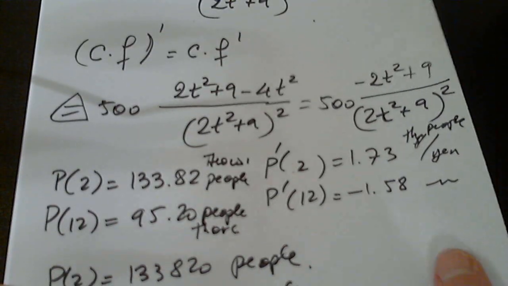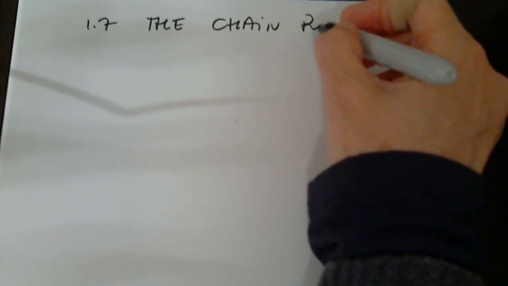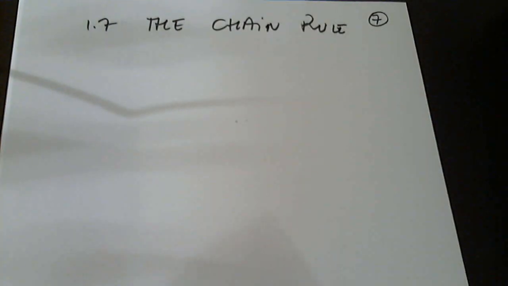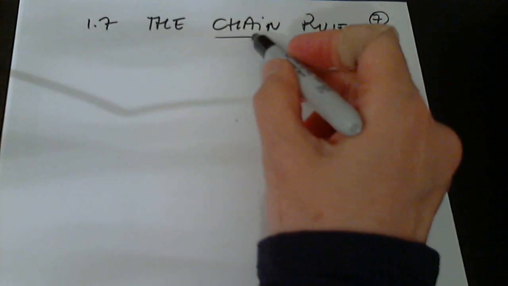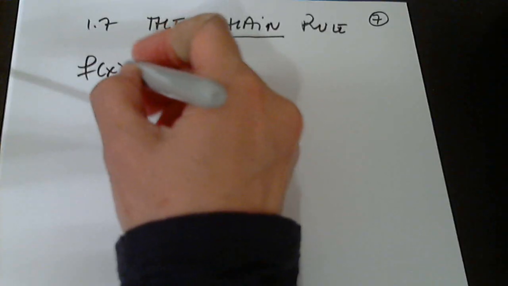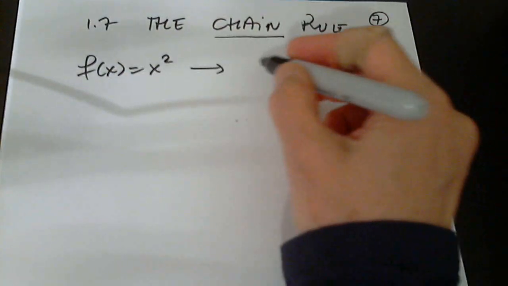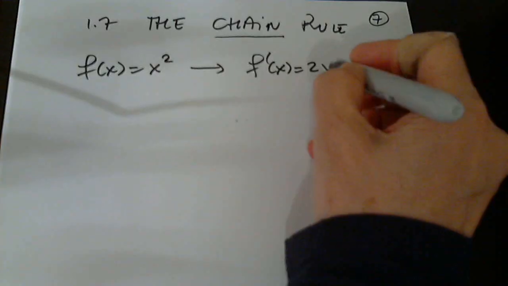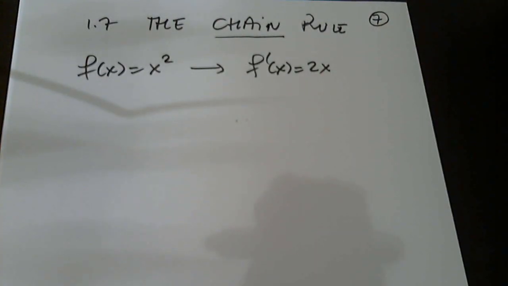Okay, final rule, I promise, for now anyway. The final rule is in 1.7, the chain rule. This is the top rule in differentiating. What does it mean, first of all? Why the chain? Well, if I have, let's say, f of x equals x squared, I know you're going to say that f prime of x is 2x. There is nothing else in there.